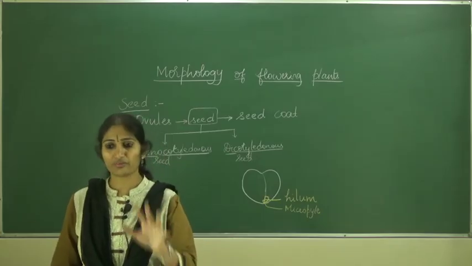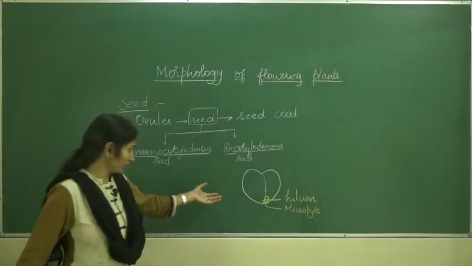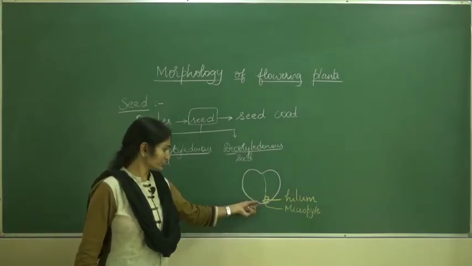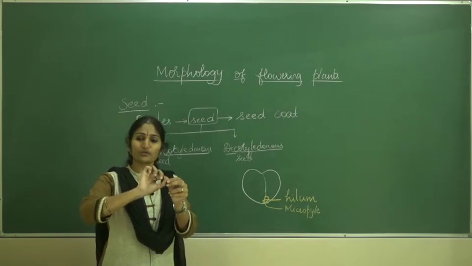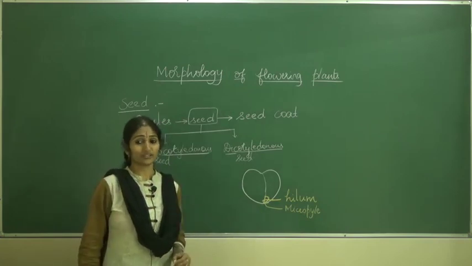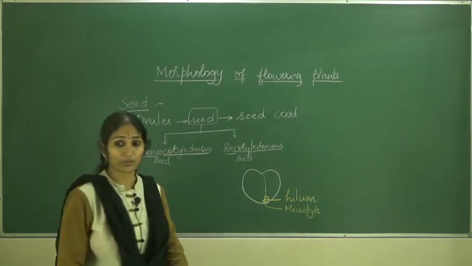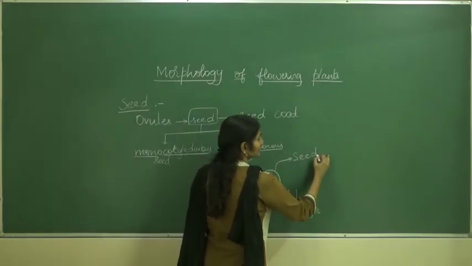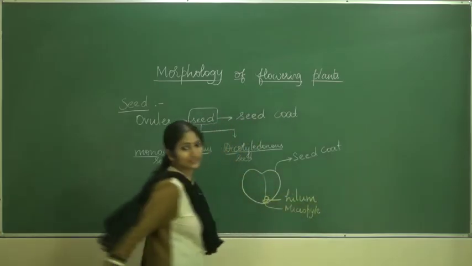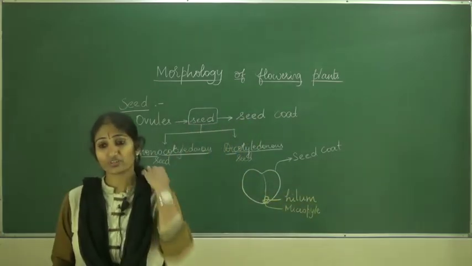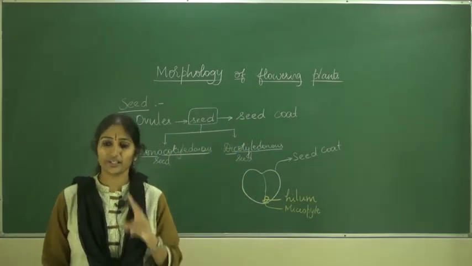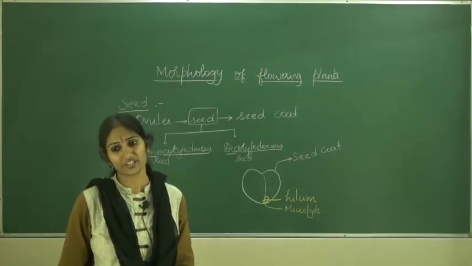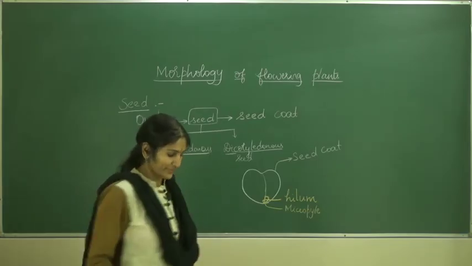I am sure you would have done this: you take this kadle bija and soak it in water. After a few hours, if you take it from the micropyle, you can take out one brown colored peel. That brown colored peel is what we call the seed coat. If you carefully observe the seed coat, there are two layers.